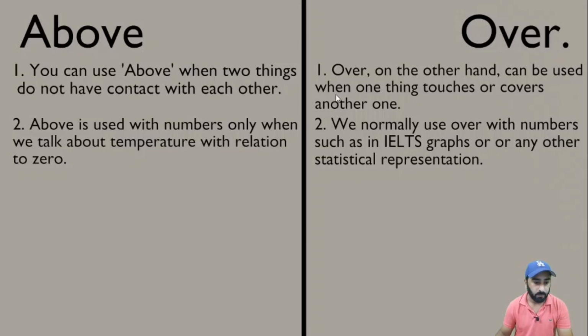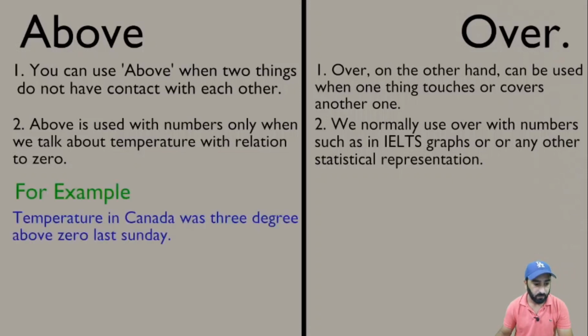So firstly, we look at the example of above. Okay now, you can easily read the example in the blue. The temperature in Canada was 3 degrees above 0 last Sunday.